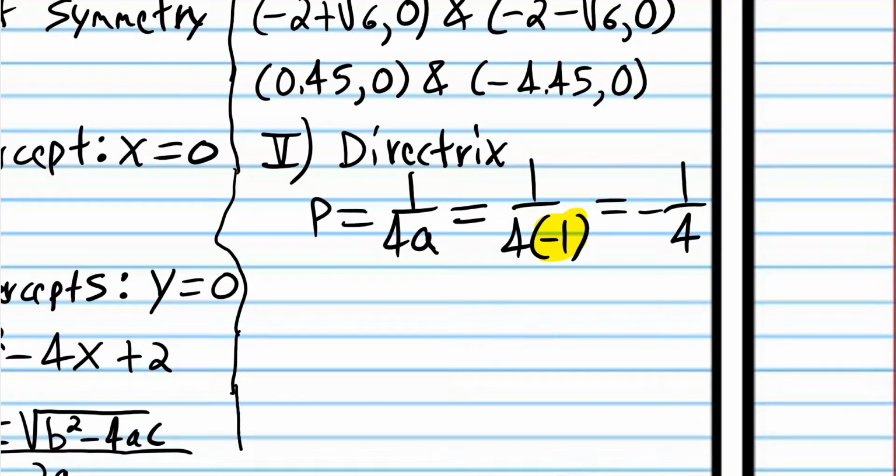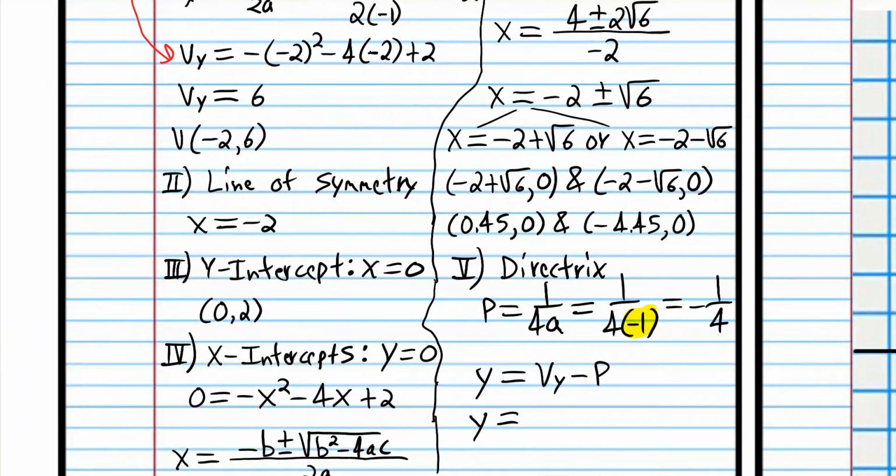Okay, so now that we have p, we know that the equation of the directrix is y equals the y value of the vertex minus p. And the y value of the vertex, I'm going to color purple. That goes there. And I'm going to make p green.